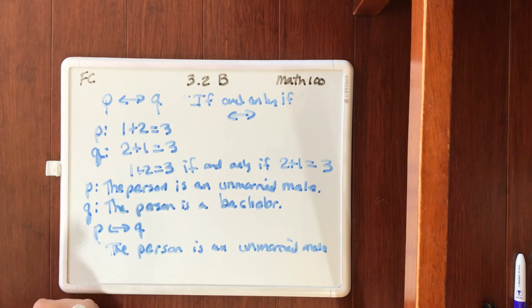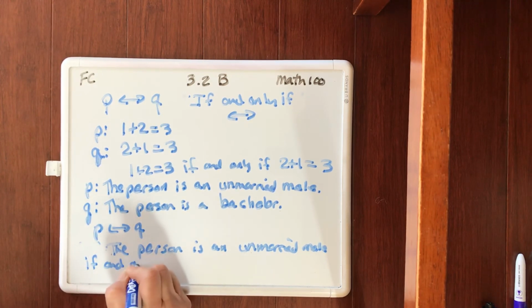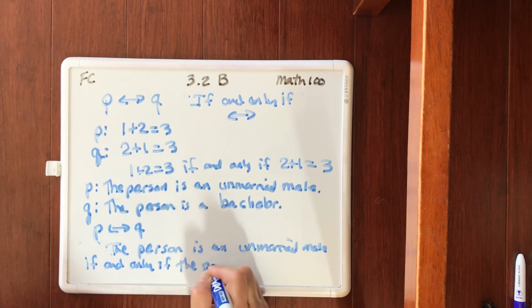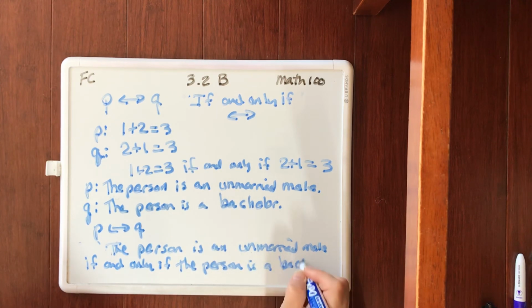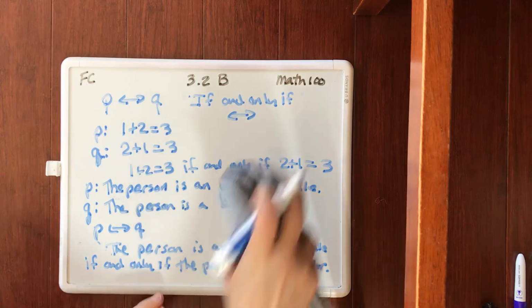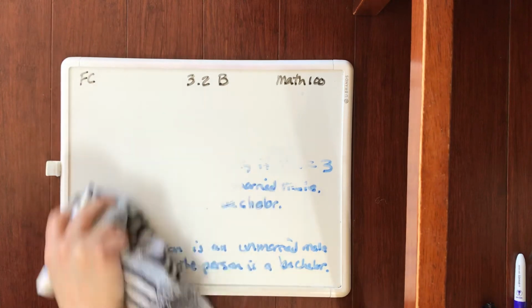The person is an unmarried male if and only if the person is a bachelor. Okay, let's do one more problem and then I'll give you your homework for this section.